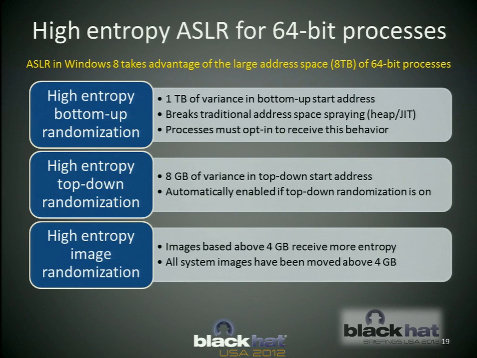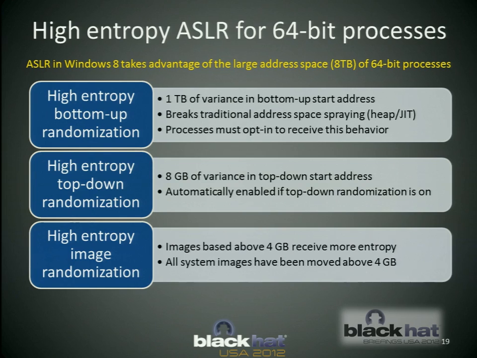One is we've implemented what we call high entropy bottom-up randomization. So again, this is biasing where bottom-up allocations start from. But for 64-bit processes with this flag set, we'll actually bias the bottom-up start location within a range of 1 terabyte. So that means the initial allocations could start anywhere from the first 4 gigs of memory up to 1 terabyte into the address space.